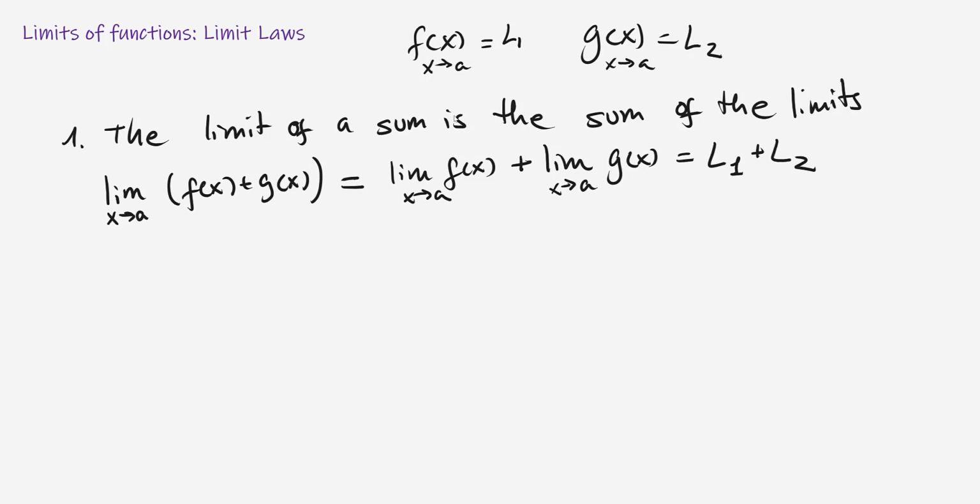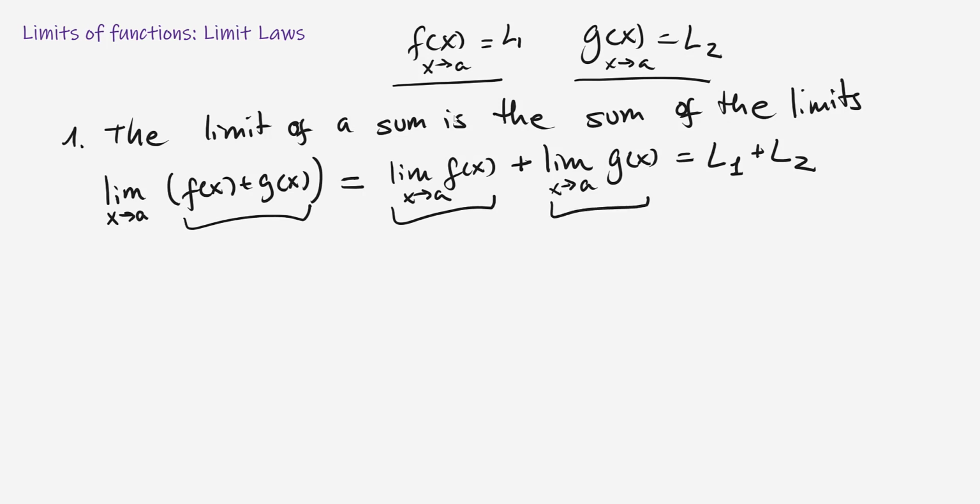So this is pretty obvious, and all the first laws really will remind you perhaps of the laws for manipulating equations. So here again we're allowed to add two functions and look at their limit, and if the limits of the individual functions exist, as we defined here, then we can look at the limit of the sum as the sum of the two limits.